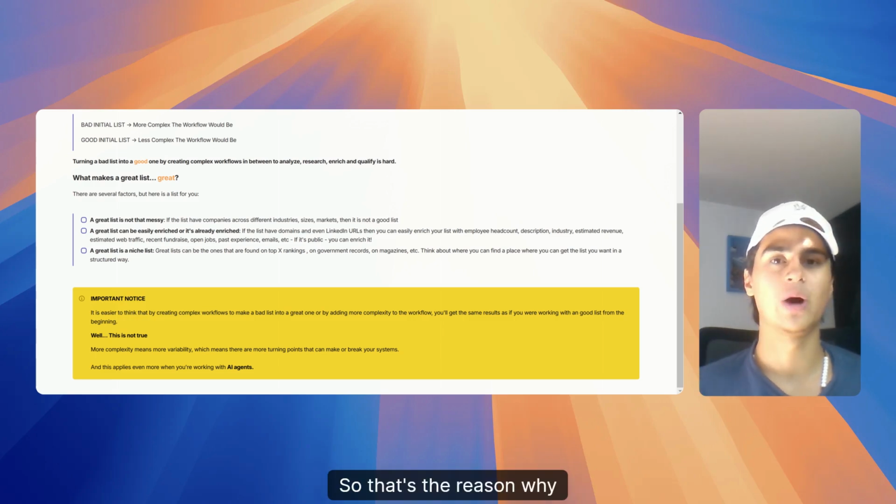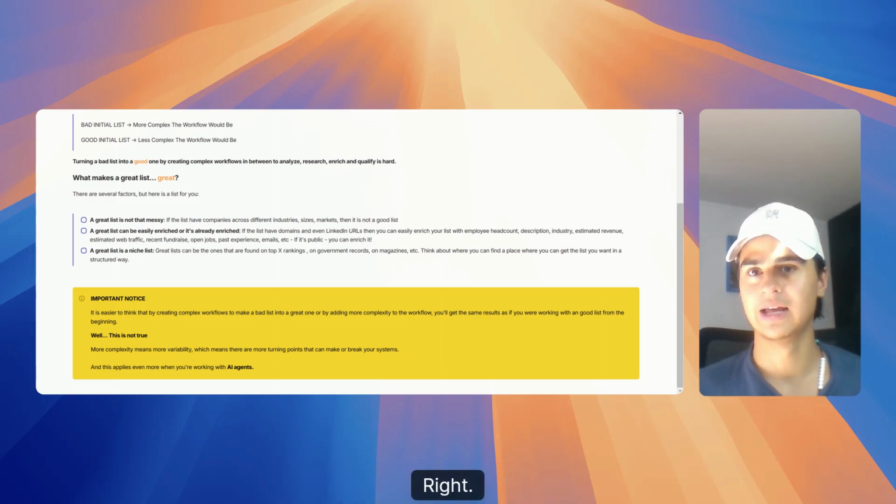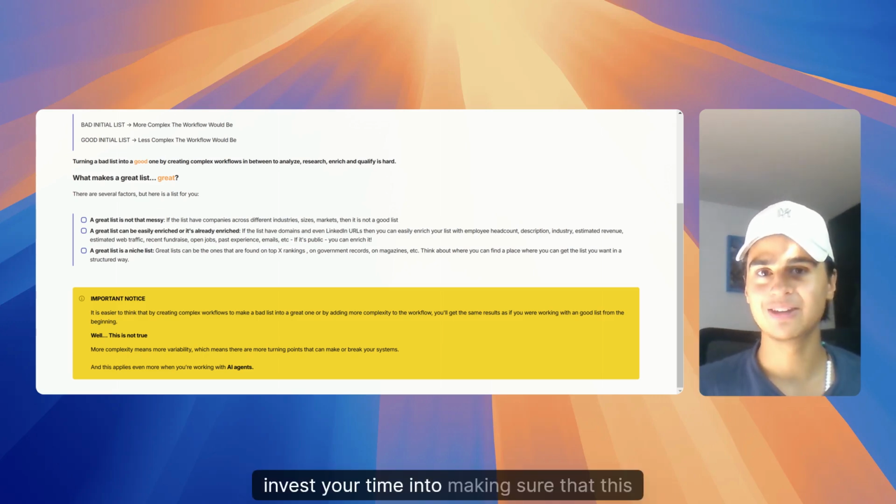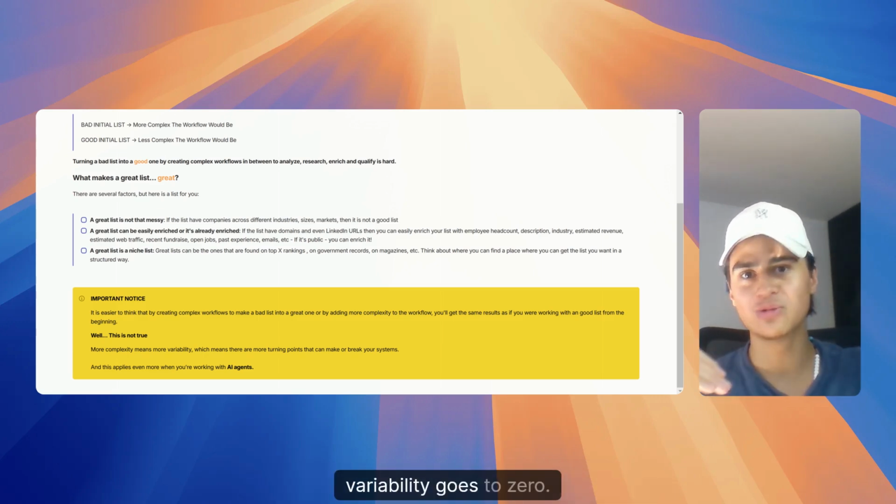So that's the reason why. You can do this, absolutely, yes, right? But you should also be aware and invest your time into making sure that this variability goes to zero.